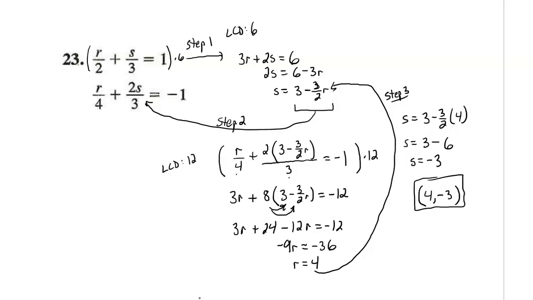Again, with a problem like this, I highly recommend that you check this answer. You can check it algebraically by substituting the 4 and the -3 into the original problem.